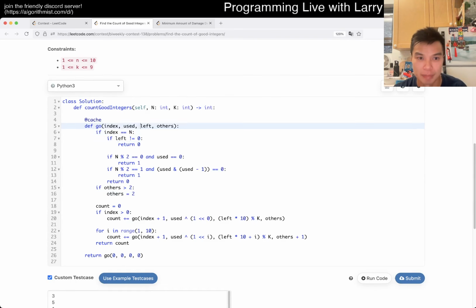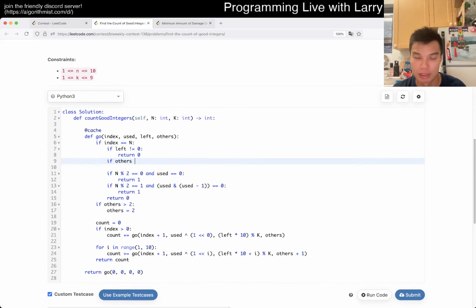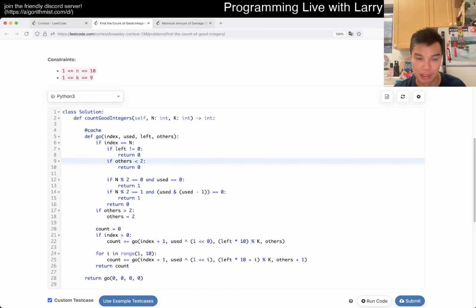Okay, so then now, if others, but then now we've messed up 1 digit, but that's okay. If others is greater than or equal to 2, that means that we have things, right? So that's good. So if it's less than 2, then we return 0 unless it is 1.